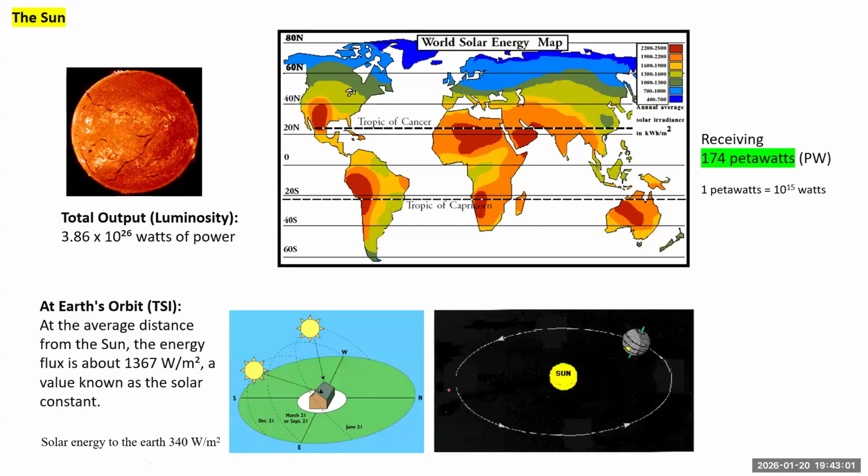However, for the solar constant, we consider the average distance from the Sun, and the energy flux is 1,367 watts per square meter. This is the solar flux approaching the top of our atmosphere. It's a constant. And the average received solar energy on the Earth annually is 340 watts per square meter.